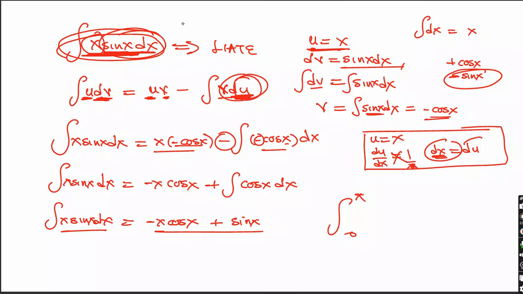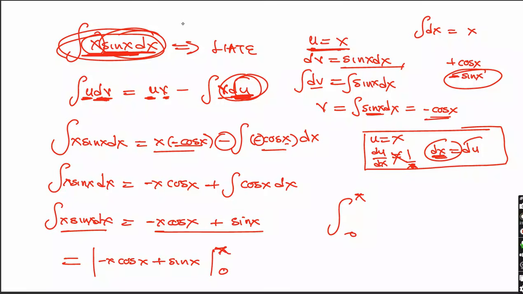So we are just going to write this as negative x cosine x plus sine x, evaluated from pi to 0.